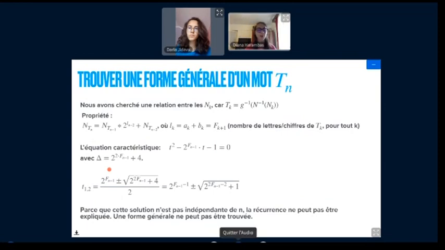As we can see, the possible two solutions, T1 and T2, are these ones. And as none of them is a constant and they both depend on n and elements from the Fibonacci sequence, we can conclude that there is no simpler form of the recurrence. So we'll keep this one. We cannot find a general final form of a word.